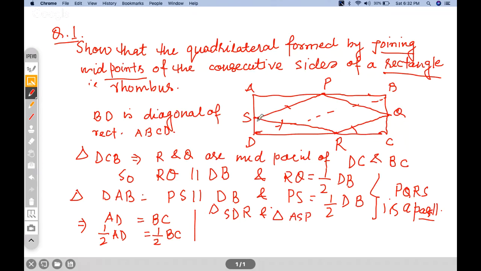So here half of AD is AS, and half of DC. So just give me a moment.